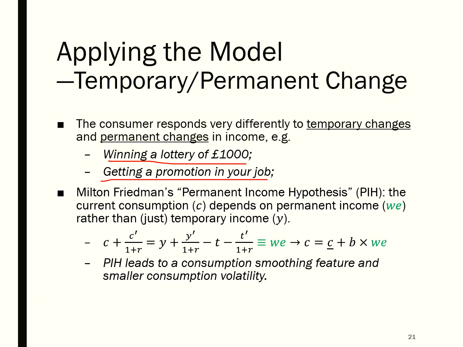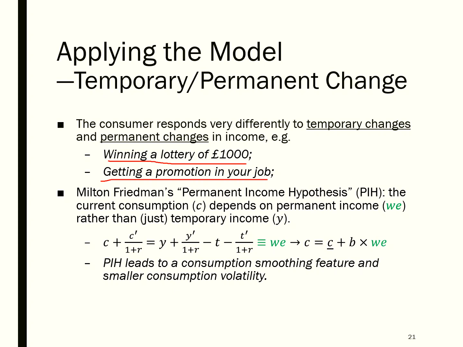Milton Friedman called this the permanent income hypothesis, PIH, which states that the current consumption depends on the permanent income or wealth, WE, rather than temporary income, Y. Recall that the permanent income or wealth is defined as the sum of present values of after-tax income in your life.